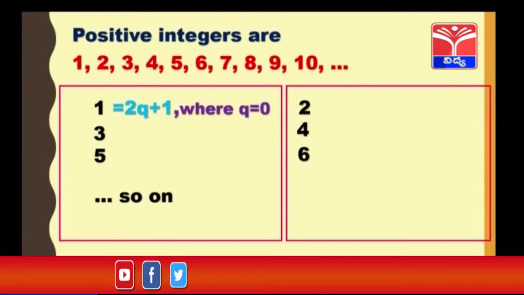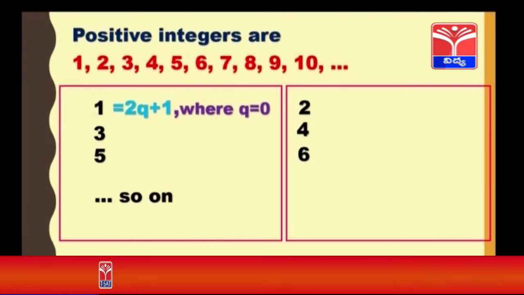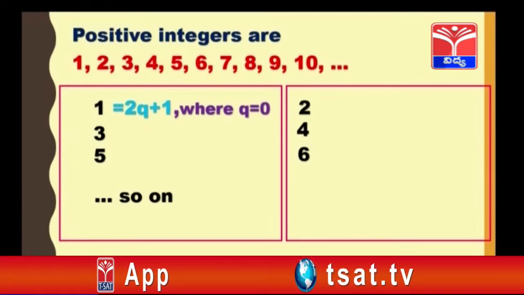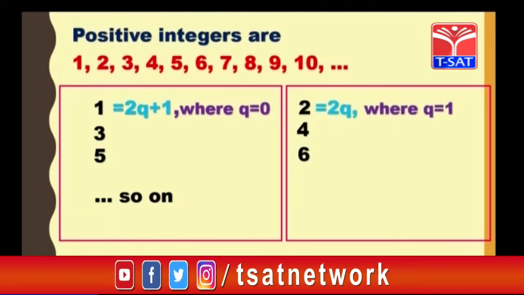Then 1 I can write as 2q plus 1, where q is equal to 0. If I substitute q equal to 0 in 2q plus 1, 2 into 0 is 0 plus 1. And 2 I can write as 2q, where q is equal to 1.